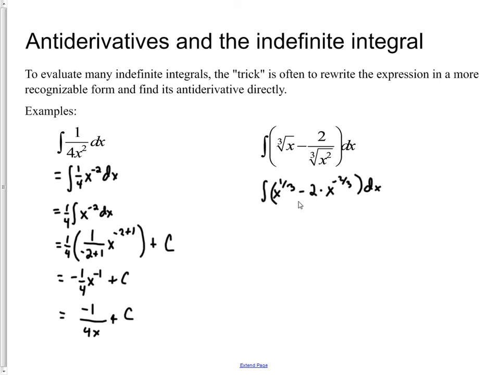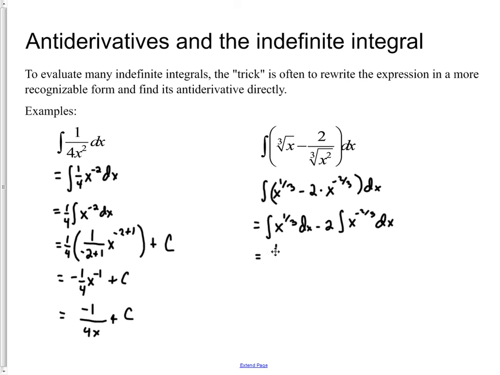And if we use our sum and difference rule for these two different functions and this constant, this is like saying we want to find the antiderivative of x to the 1/3 dx minus 2 times the antiderivative of x to the negative 2/3 dx. All right, so let's use our power rules right here.